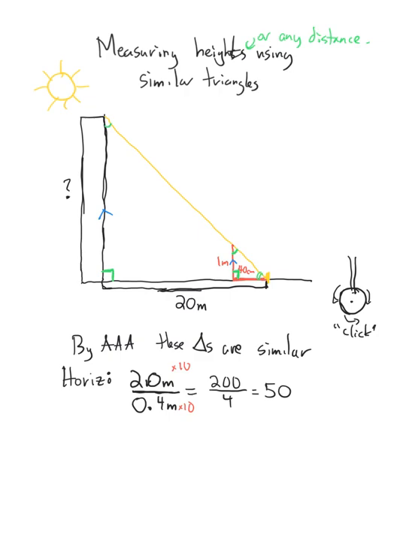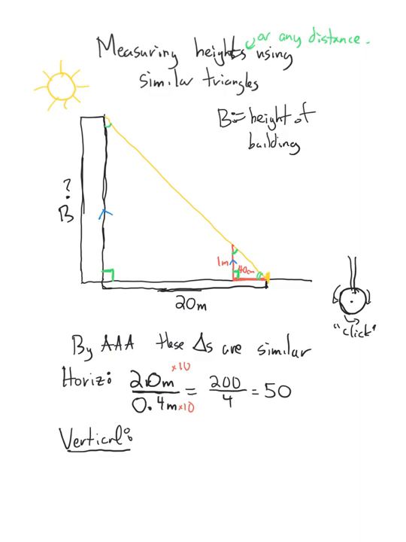So this is great. So what does this mean? Let's call this vertical height B, where B is the height of the building. We know the ratio between that and the horizontal side now. It's 50. So let's do the vertical side of the small triangle. Again, let's do big over small.